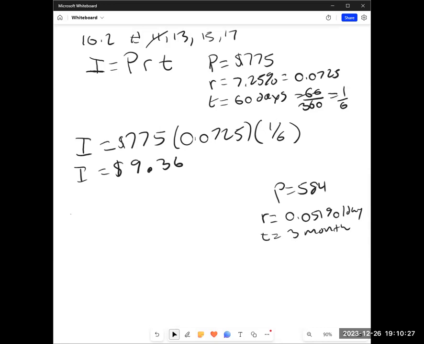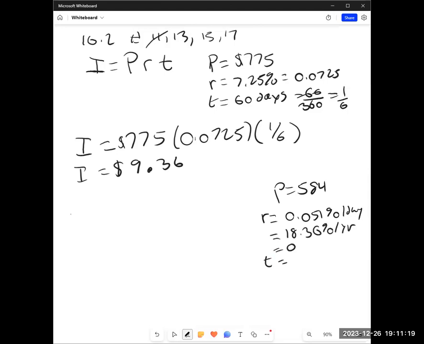So let's go ahead and figure out what our interest rate would be for a year by multiplying 0.051 times 360 to get that to a year. 0.051 times 360 is 18.36 per year.